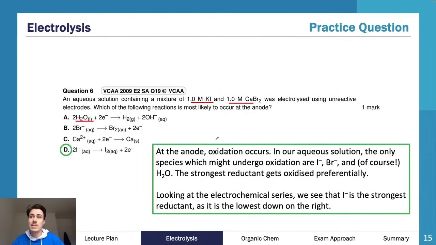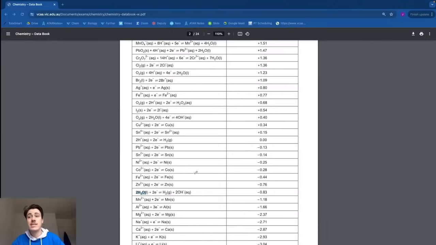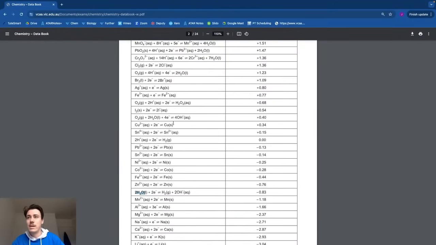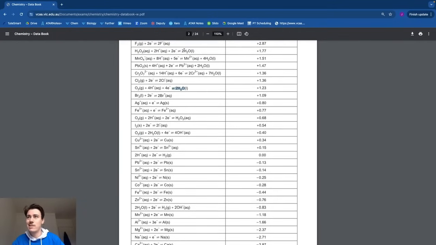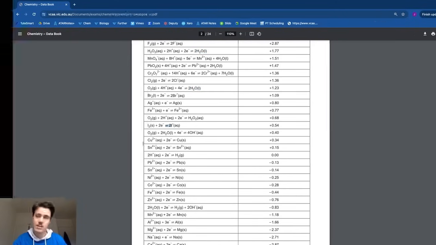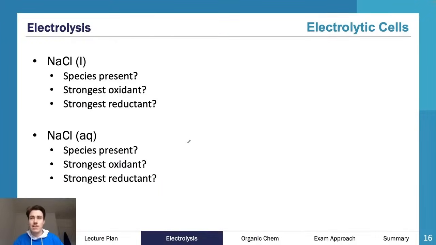So if this was asking about the cathode, I would have been talking about water. But in this case, I'm not. I'm talking about this side, and this water doesn't count, by the way, because there's oxygen gas with it. This is the water we're looking at. There's more water up here, but they've all got other things with it, so you wouldn't count it. There's a water all the way up here, but this one's much stronger. So I'd be working with this water. The I is still below it.